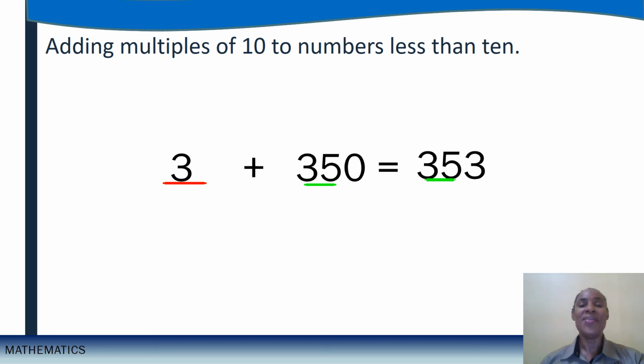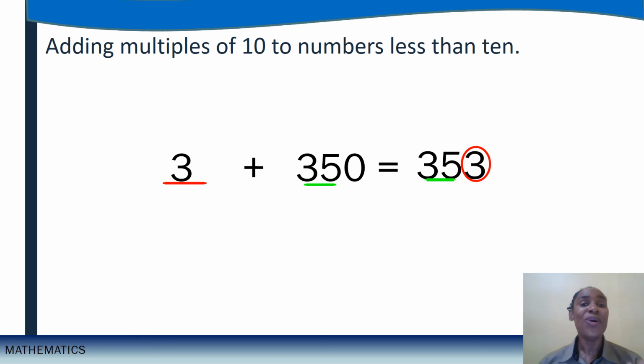If you also said you looked at the digit 3 in the ones place in the answer and realized that is the only digit that is different, and that gives you the clue that 3 was added to 350 to give you 353, that's another excellent observation, boys and girls.